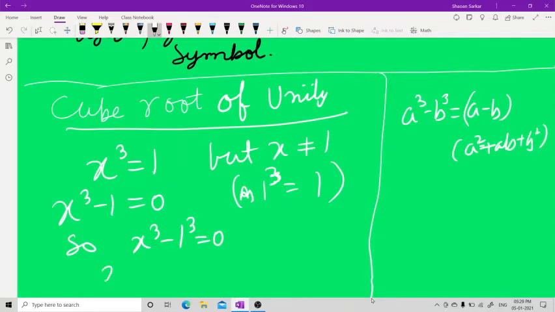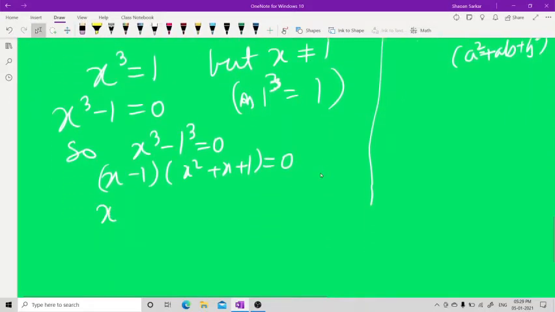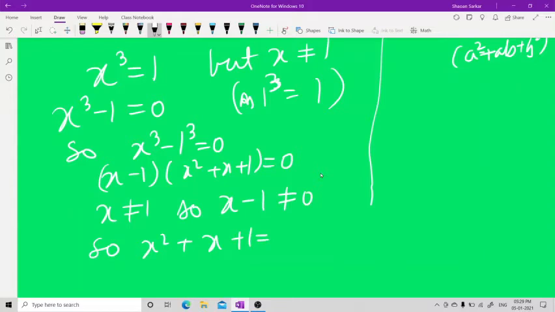So here it will become x minus 1 into x square plus x plus 1 equal to 0. As x is not equal to 1, x minus 1 is never 0. So x square plus x plus 1 is 0.